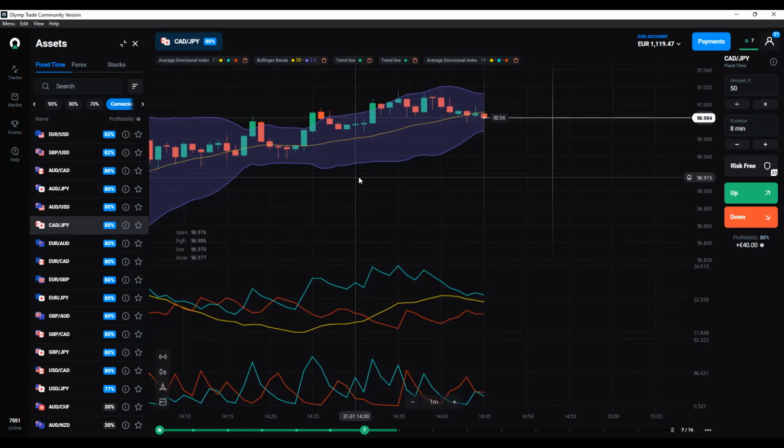They could be doing that for one of two reasons: to balance their books, or because their algorithm is telling them which direction the market is going. So it's one of those two things.